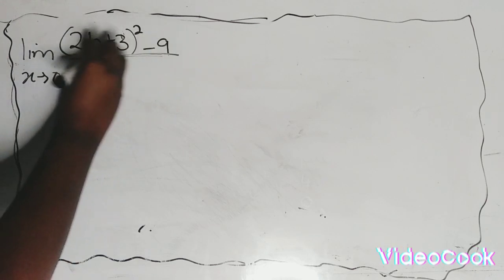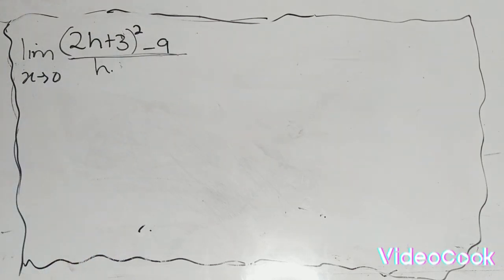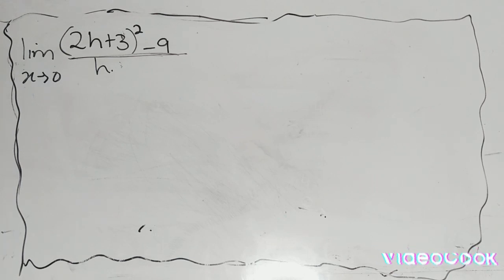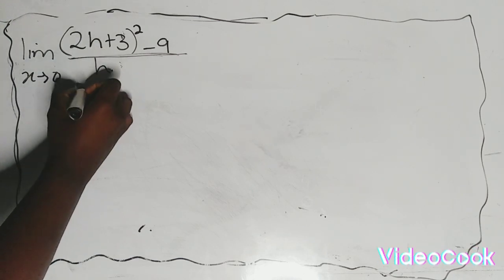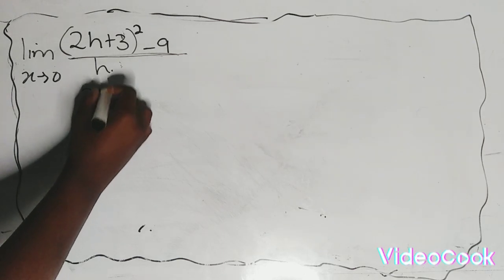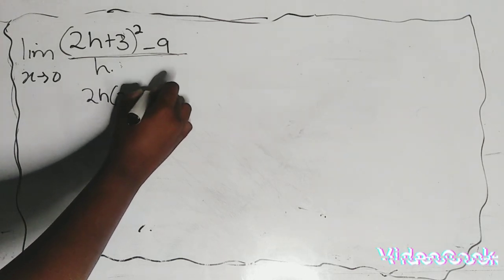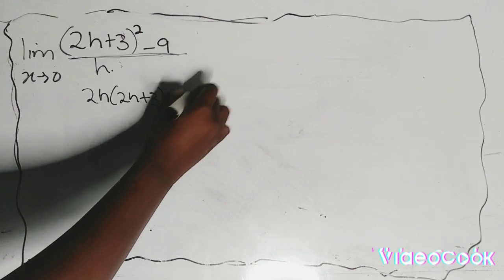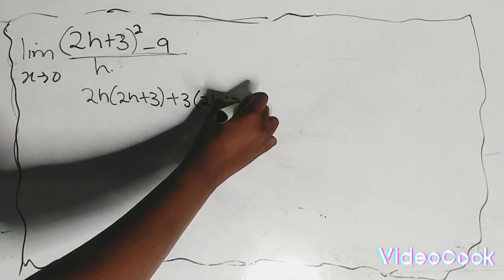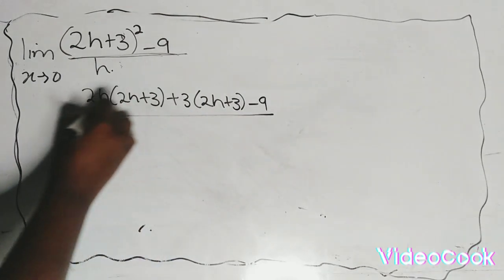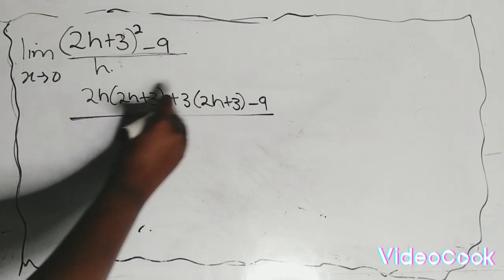So it's 2h plus 3 squared minus 9 all over h. So what are we going to do when given a question like that? The first thing that we need to do is to expand 2h plus 3 to the power 2, which is not difficult. So we say 2h times 2h plus 3, plus a 3 times 2h plus 3, minus a 9 all over h, right?